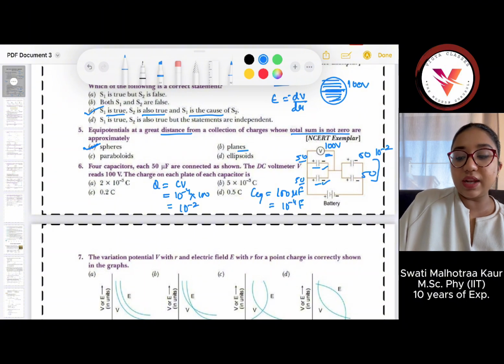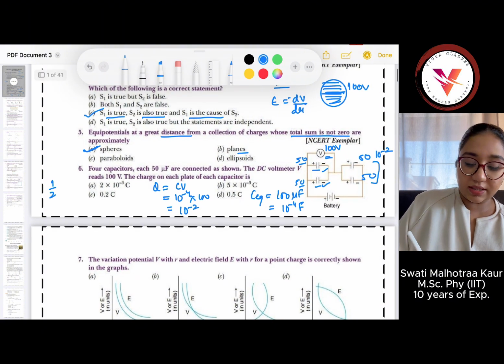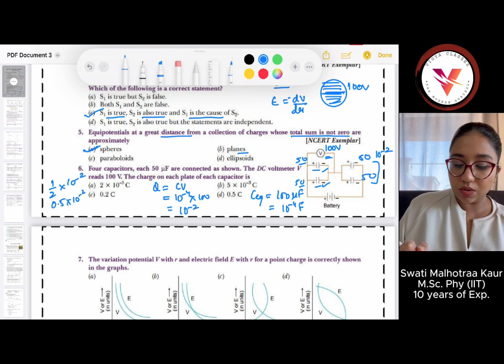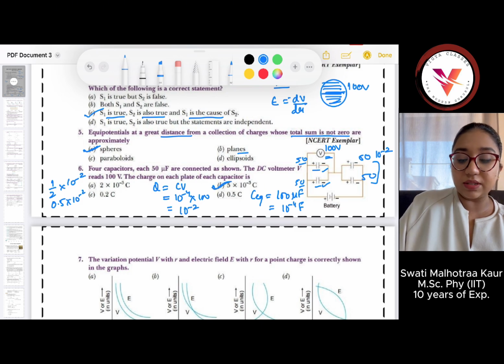Now individual will have half of this, that is half of 10 raised to the power minus 2, that is 0.5 into 10 raised to the power minus 2, or 5 into 10 raised to the power minus 3, because the capacitors are the same. If they are not, we can simply use the formula to calculate the charge on one: C2, the other one, over C1 plus C2.